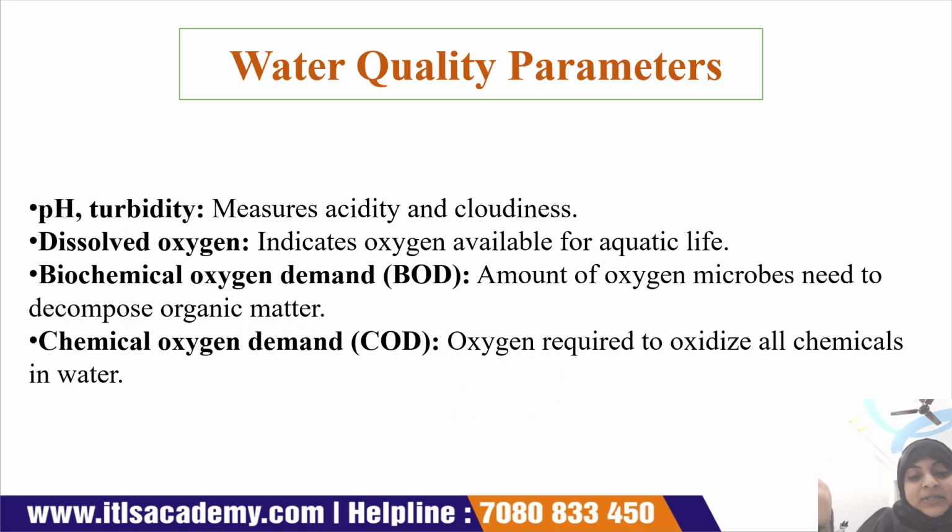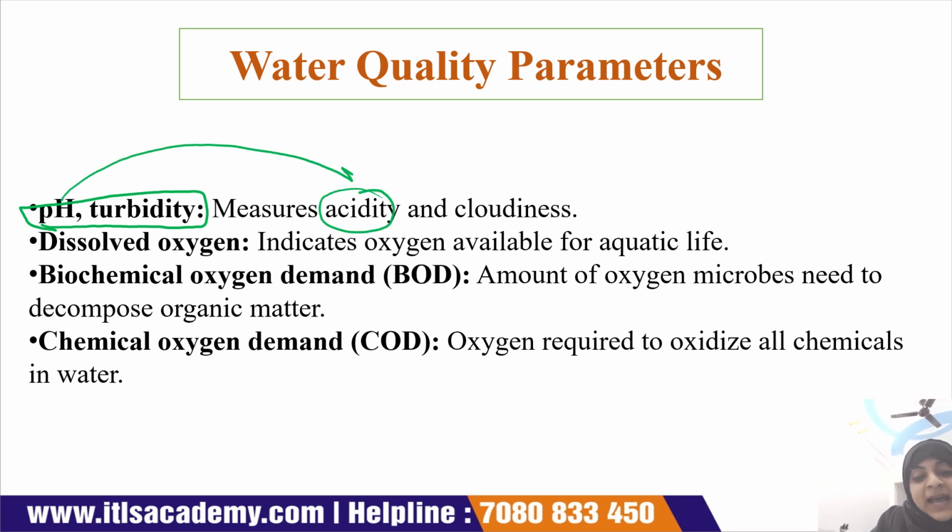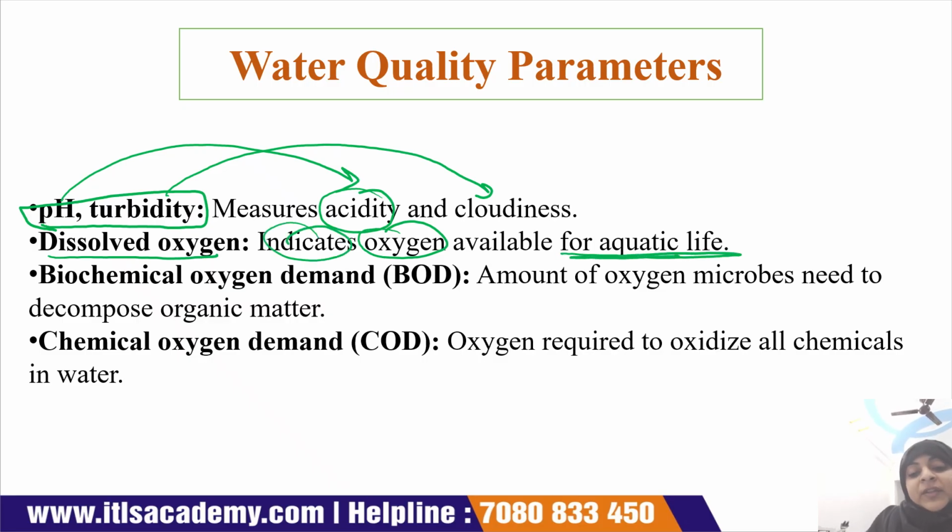Water quality parameters. Water quality can be measured first by pH and turbidity. pH measures the acidity of the water and turbidity measures the cloudiness of the water. Next is dissolved oxygen, which means the presence of oxygen for aquatic life, an indication of the available oxygen for aquatic life.